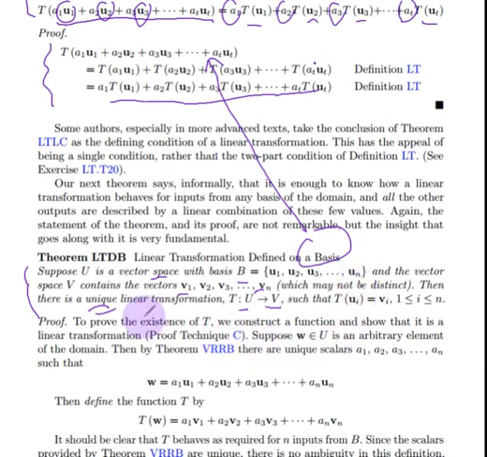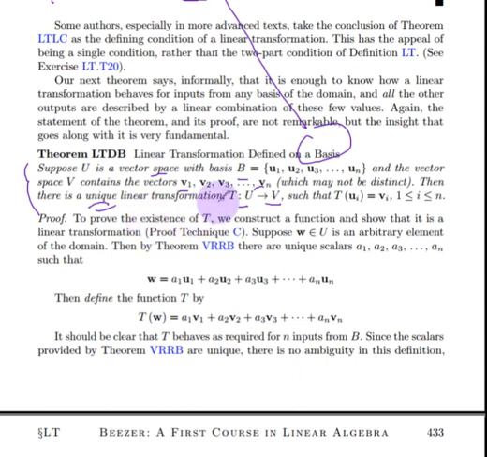All right, so to prove this, basically we construct a linear transformation based on the prescription that T of each basis vector is the corresponding given vector in the codomain. Suppose w is an arbitrary element of the domain.